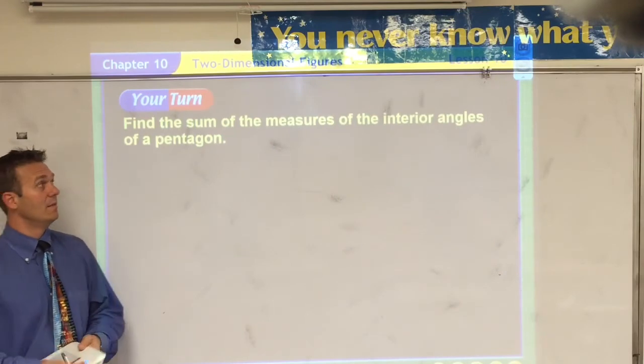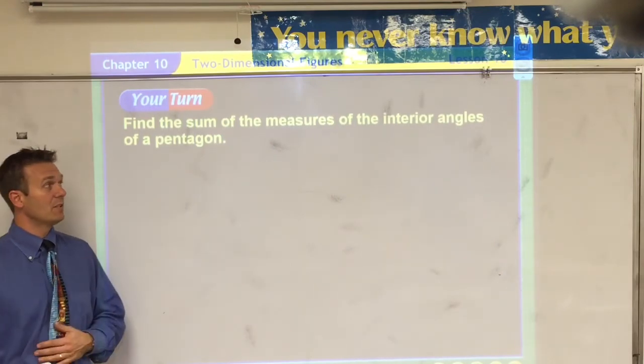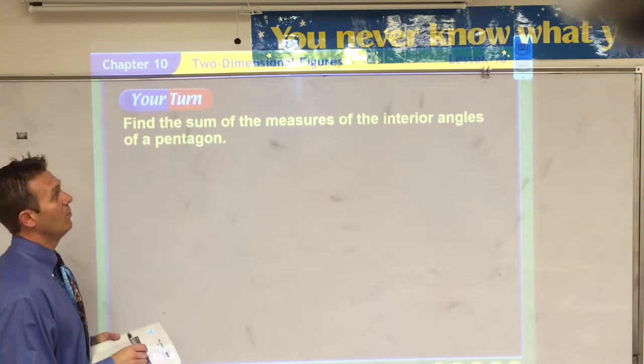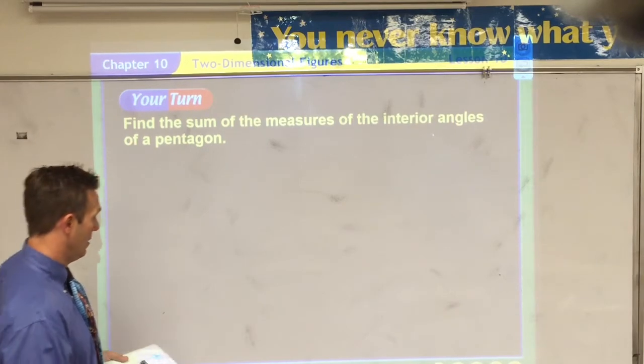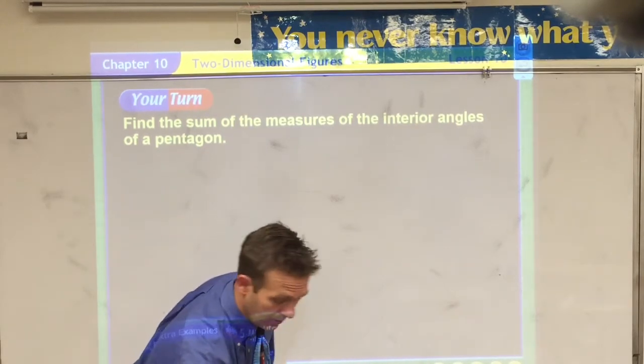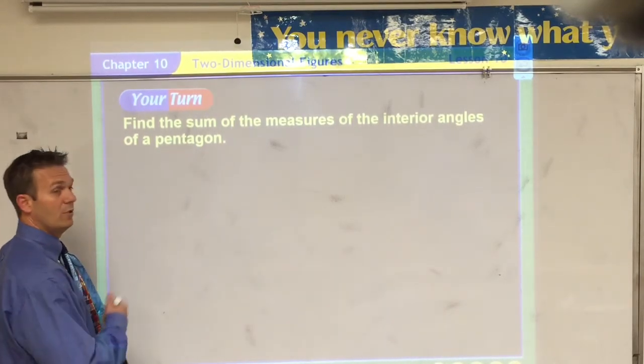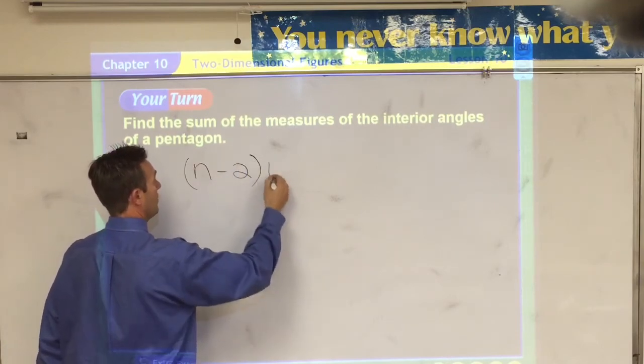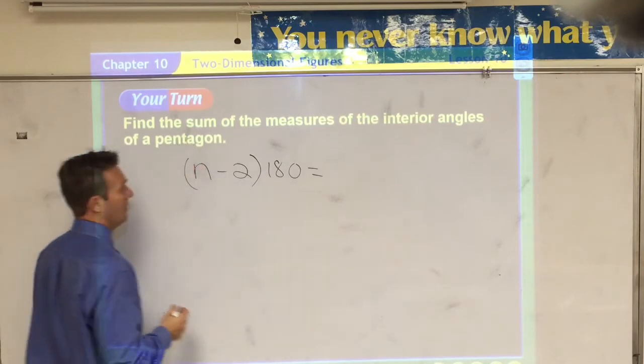A pentagon, all right? Find the sum of the measures of the interior angles of a pentagon. If you had to do that, you use your formula, n minus 2 times 180, and see what you get.